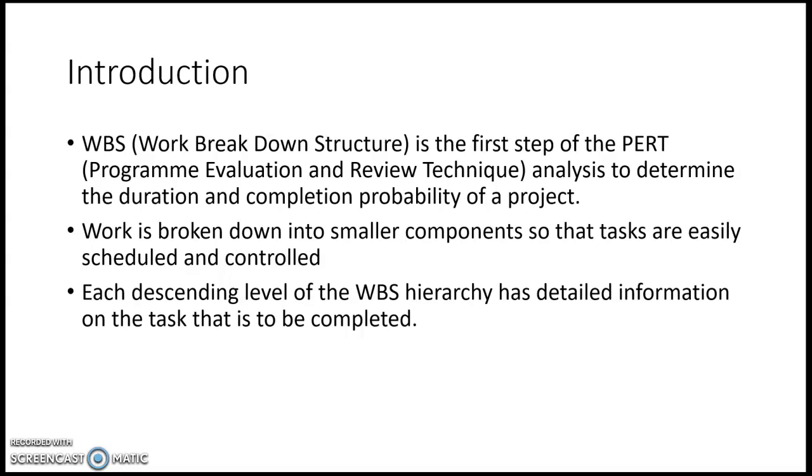So in WBS, the work is broken down into smaller components so that tasks are easily scheduled and controlled. Each descending level of the WBS hierarchy has detailed information on the task that is to be completed.